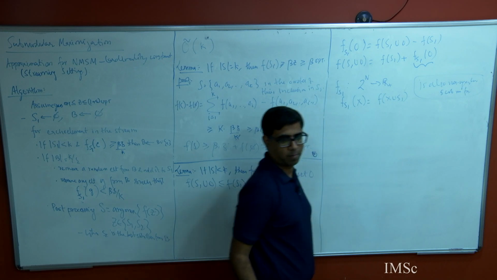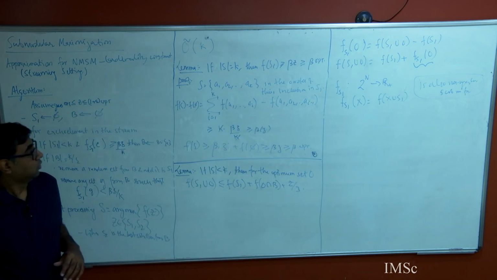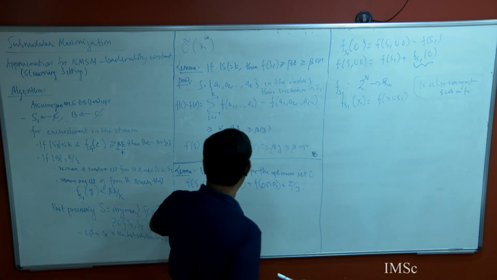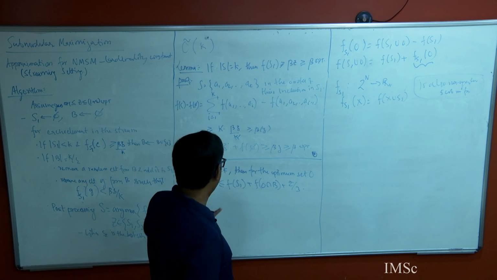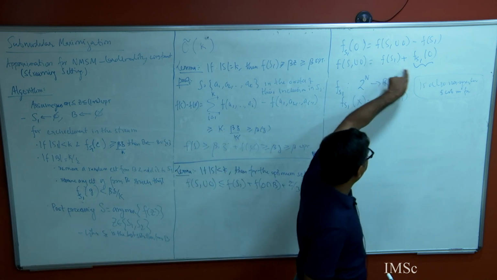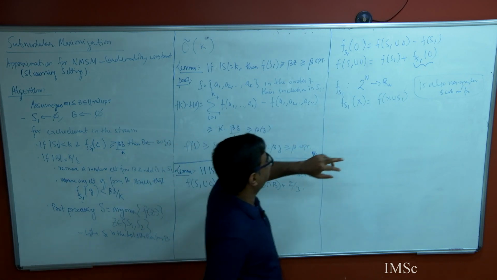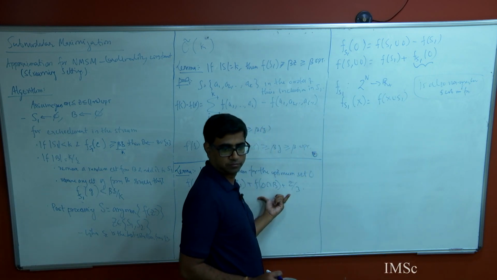We can prove this. We have given this argument several times. Now I want an upper bound on f S1 union O, right? So I know that this is equal to this plus this. So this I have anyway here. Somehow I have to be able to get this term upper bounded by these two terms, and then we will be happy.